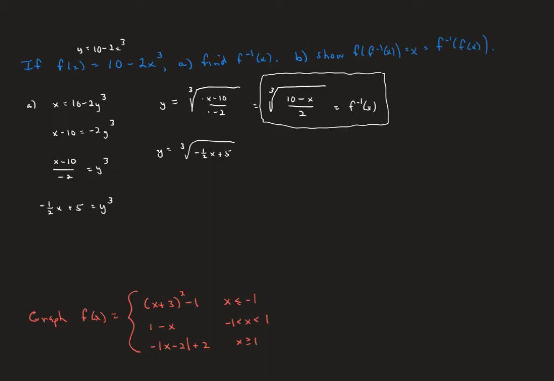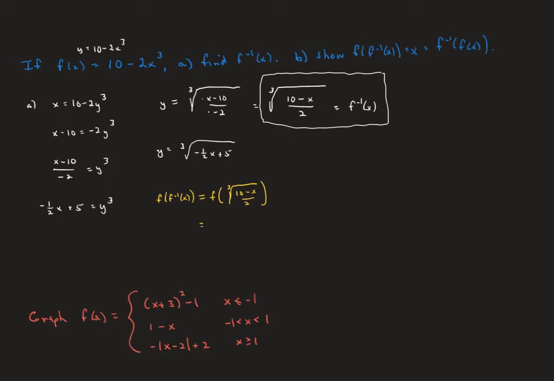Now for the part B, we want to show that f of f inverse of x is x and that f inverse of f of x is x. So the first part first. So f of f inverse of x, and you have to tell me that this is what we're doing here, means we're going to take f of our inverse, which is the cube root of 10 minus x all over 2.